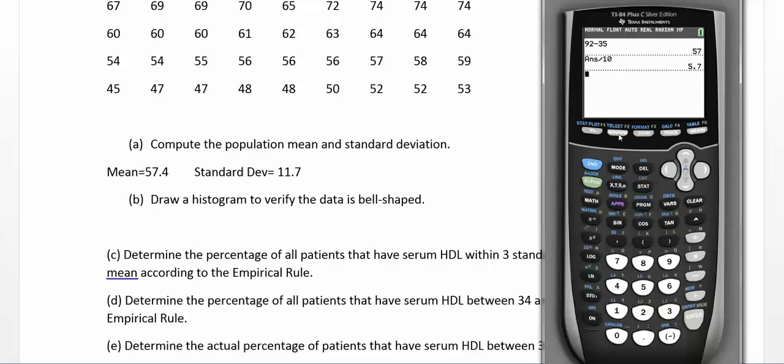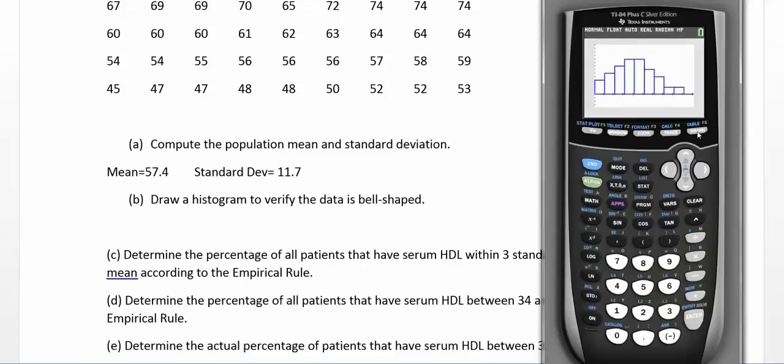So if I go back to window, I should be able to change that. Right now they have it at 7.1, so I can switch that to 5.7, and that will give me a little bit nicer graph, but again, not required.